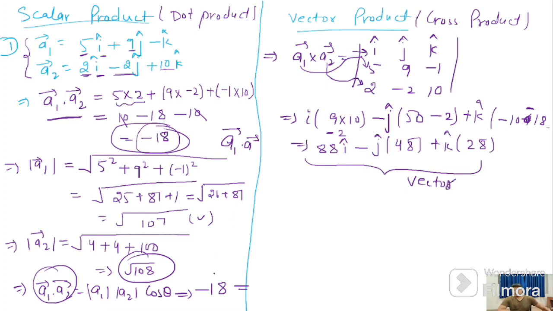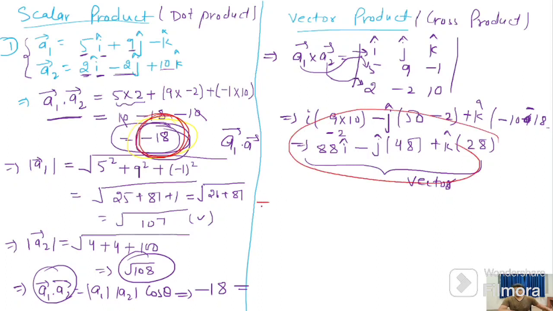In the scalar product, the value will be a scalar quantity, but in the vector product, the value will be a vector.